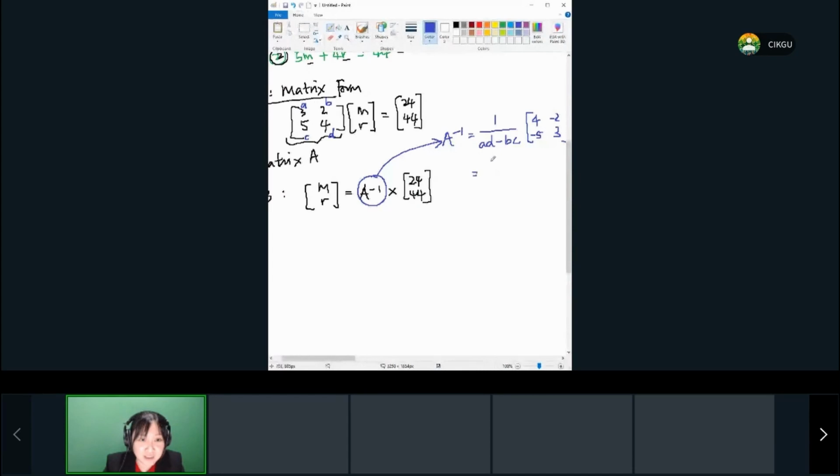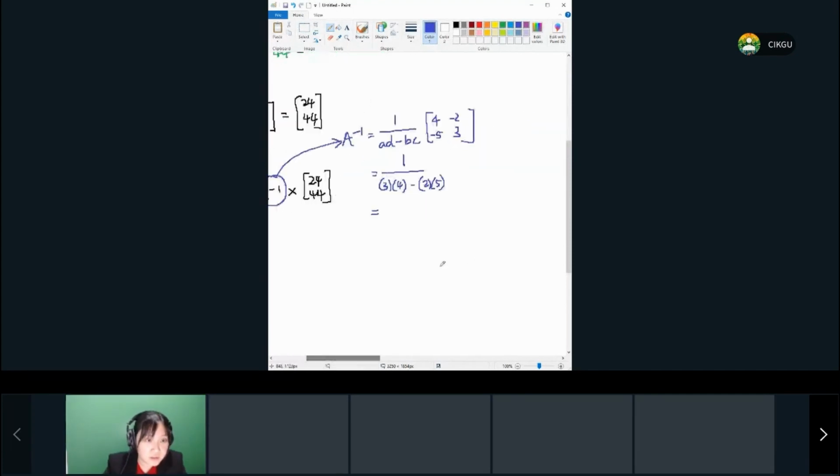So the only thing I'm left with is this one. 1 over A times D, 3 times 4, minus BC, 2 times 5. Normally, you just type in calculator and see what you get. I got this as 1 over 2.